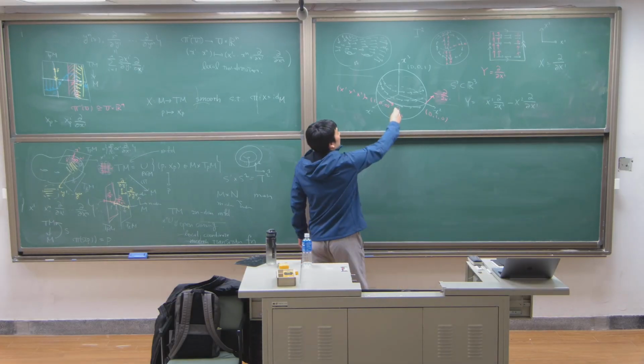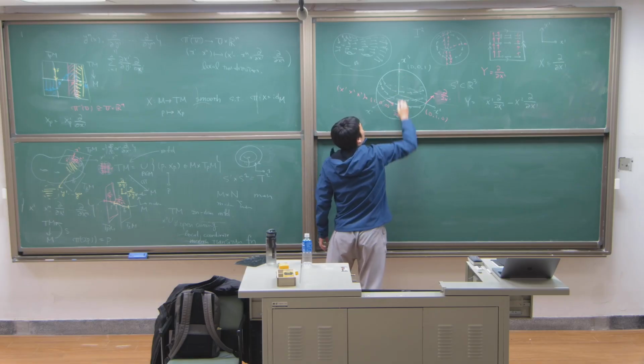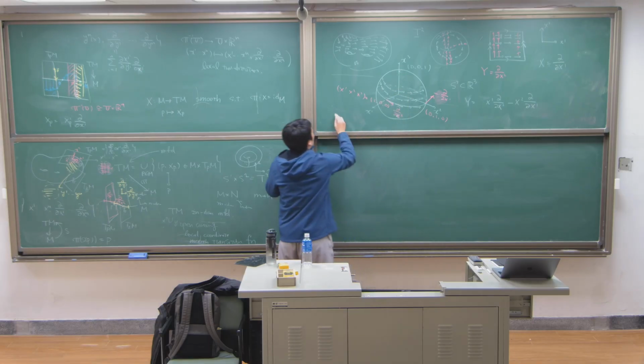And for instance, if you look at the 0 here, there's a 2, 0, and at the point here, the vector field is something like this way.